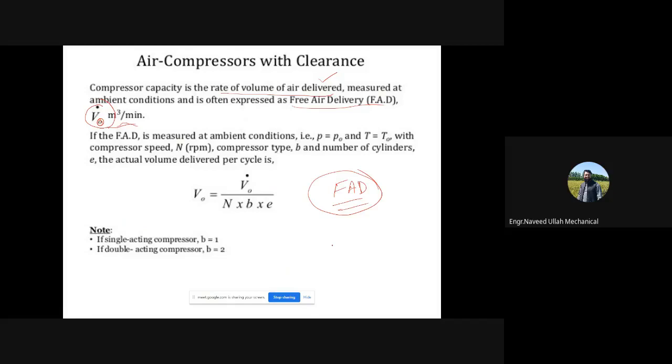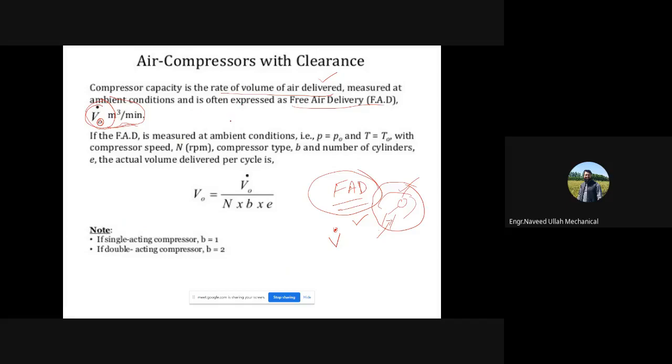If you remember, I told you that this is the delivered volume, sorry, dot, and you are measuring. This volume goes, let's say from the compressor, to a vacuum chamber, and you are measuring this in a vacuum. That will be a bit different, not very different, but a bit different, because you are measuring it in the vacuum. Similarly, if you are measuring it against higher pressure, it will be different. But if you are measuring this volume, the volume delivered by the compressor at ambient temperature and pressure, we call it FAD. So this is actually volumetric flow rate in cubic meter per minute, but measured at ambient conditions.